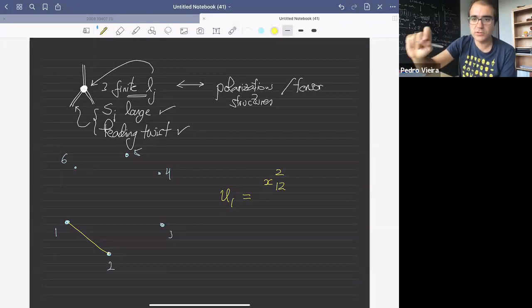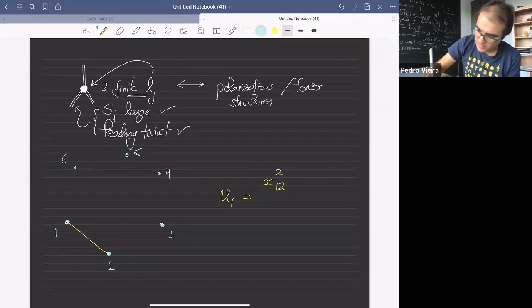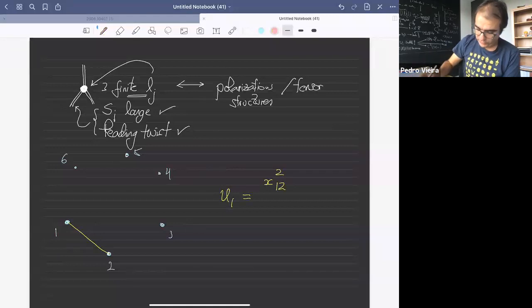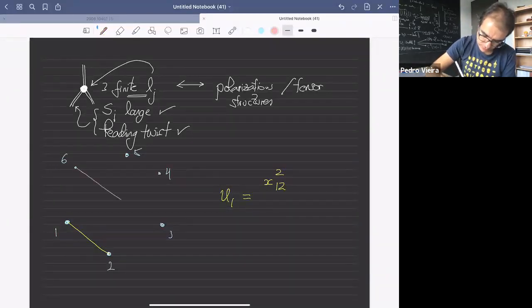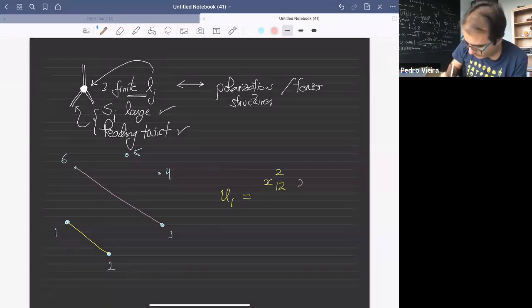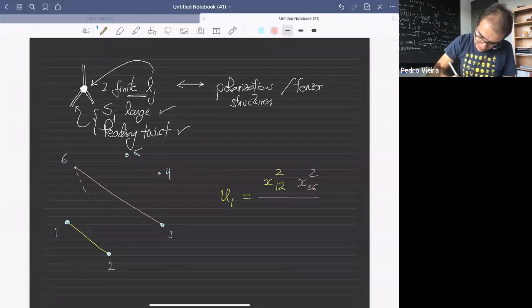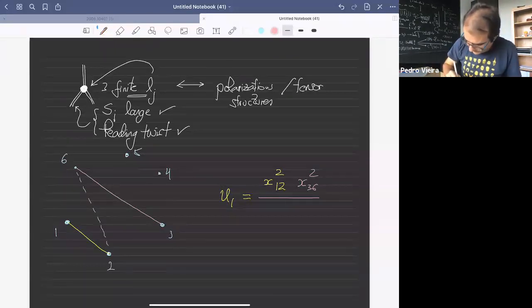So this cross ratio is going to go to 0. And then we put other distances. Let's put other distances in another color. They are less important. So for example, to make some distance not null, I could use this distance, x36 squared. And then to make a cross ratio, I divide by these diagonals, so I divide by x13 squared, x26 squared.